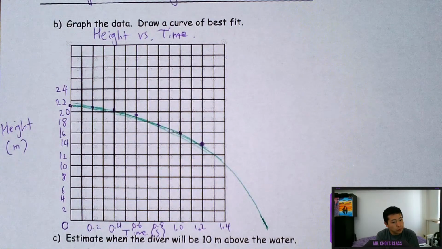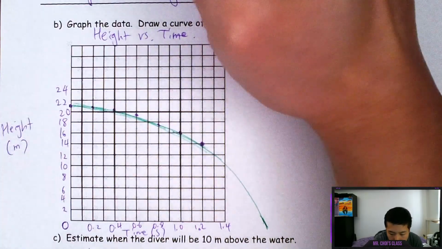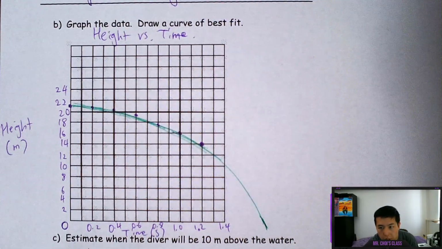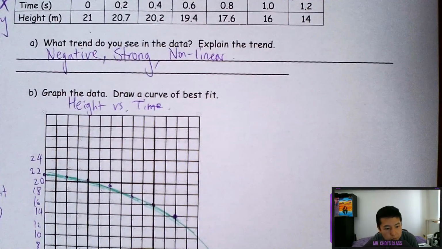Rose said non-linear. Amir saying non-linear. So I think a majority of us are agreeing that this is non-linear. Okay, so we have non-linear. Perfect. Good. Anna's saying non-linear as well. So we have an agreement.